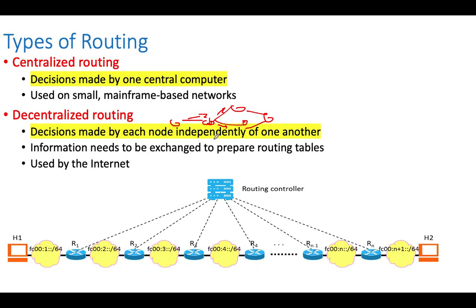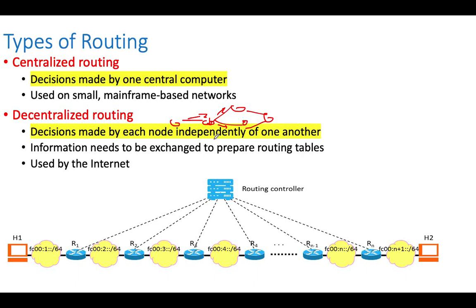What about the centralized one? The centralized one is not actually new. It's been in the market for a few years, and it's used mostly by either jumbo corporates or ISP providers. What is that exactly?